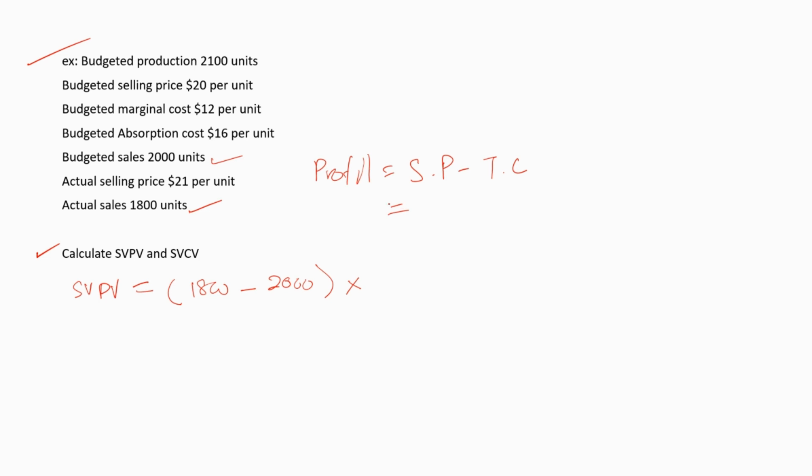For the selling price, we have to consider the budgeted values. So the budgeted selling price per unit is 20 and the budgeted absorption cost per unit is 16. So 20 minus 16 is equal to $4. This is the standard profit per unit. So multiplying by 4, this is equal to negative $800, which means 800 adverse.